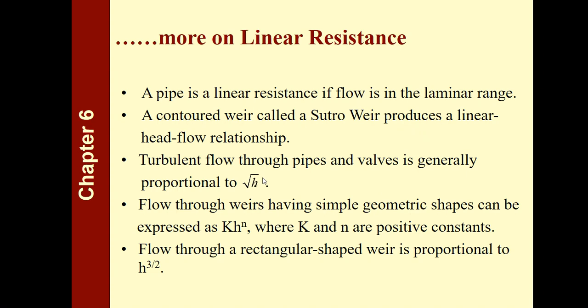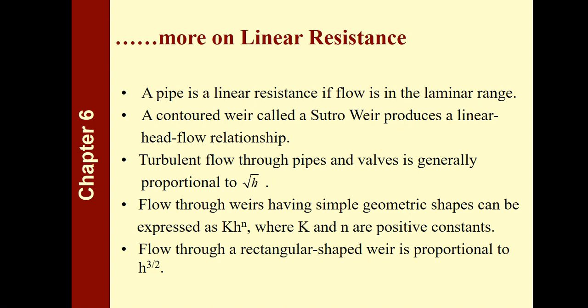It's not linear anymore once we change the relationship between Q sub O and H. Here, the H already has an exponent of 1/2. If that is the case, your relationship between Q sub O and level is not linear anymore. Then we will need what we call a linearization procedure, which will be discussed in the latter part of the slides.